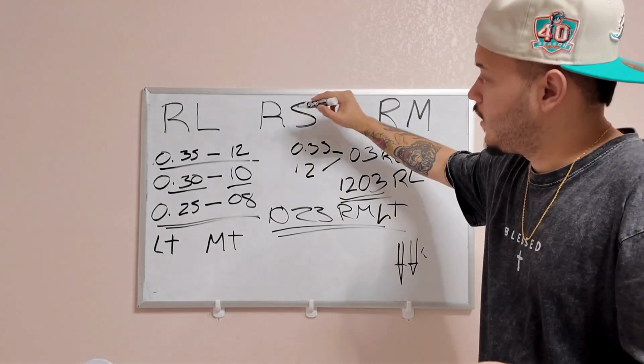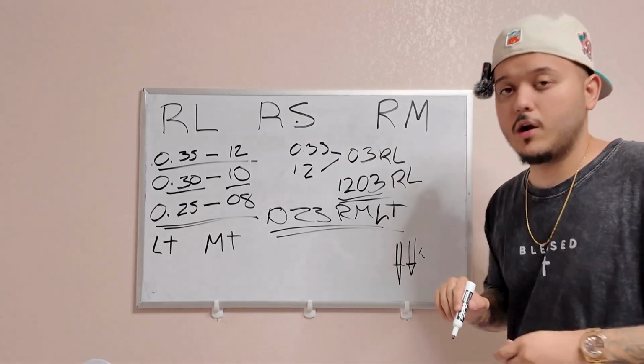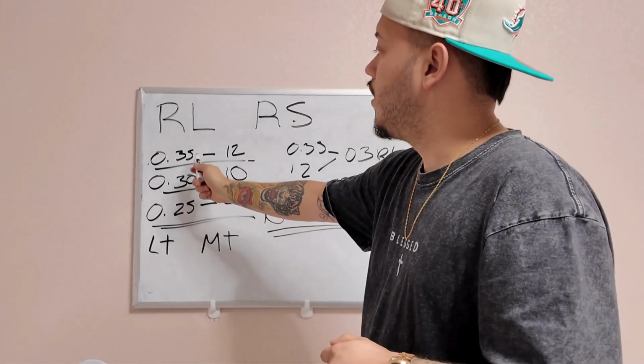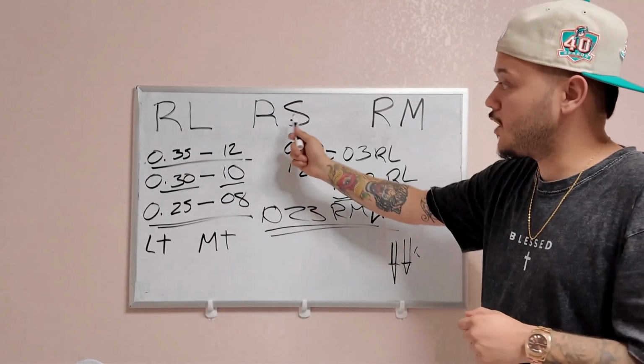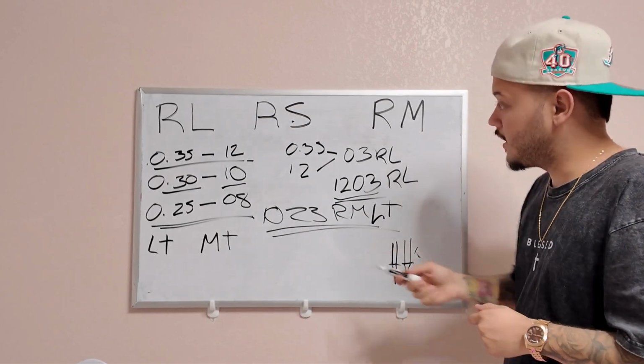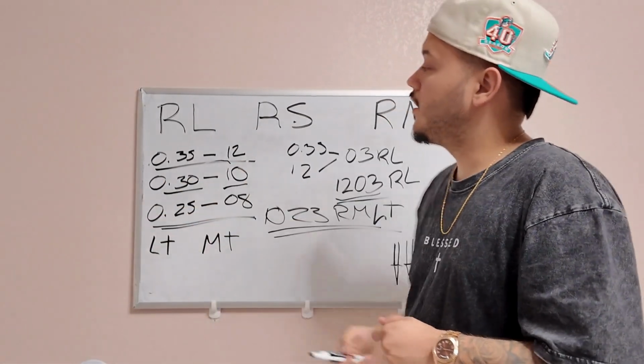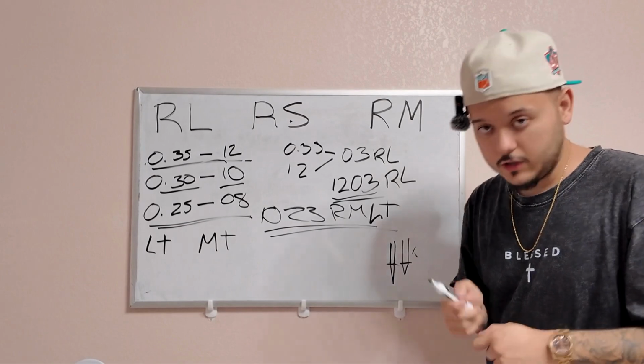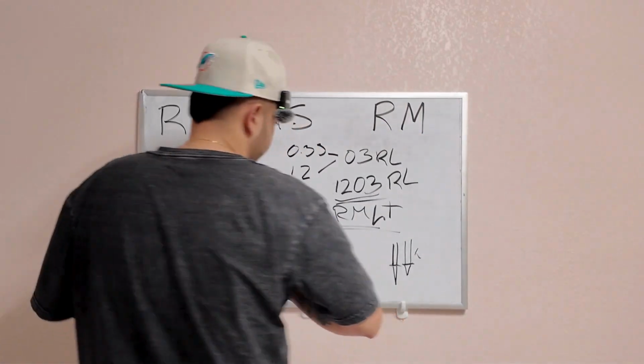I like to use that when I'm working with my round shaders. I use my round shaders with medium taper and regular needles. That's how I like to use my round shaders.